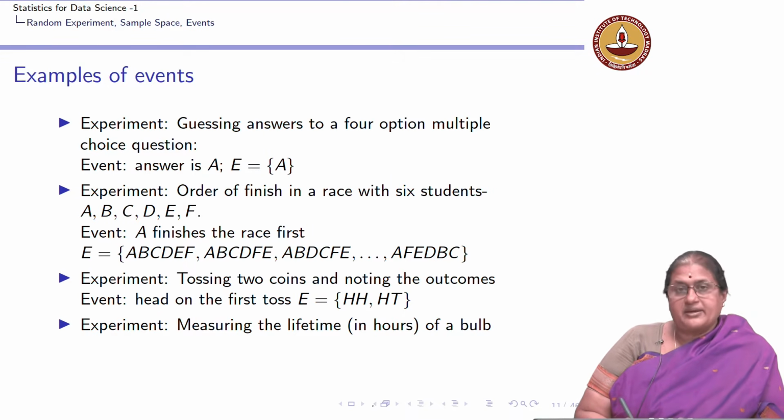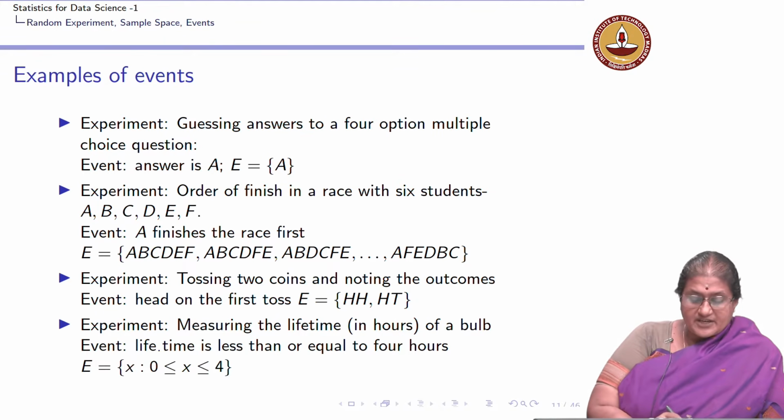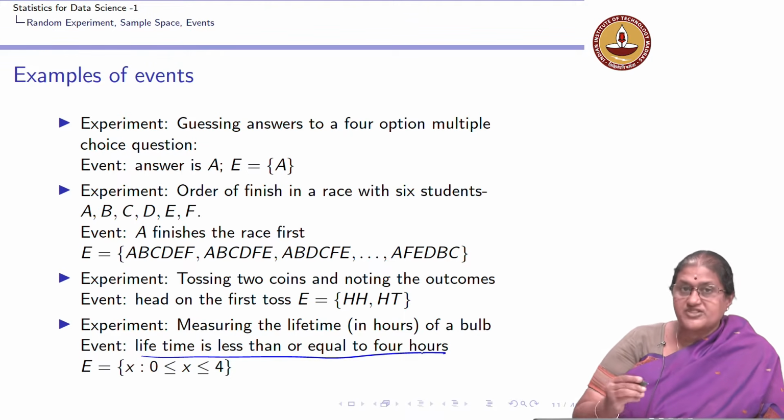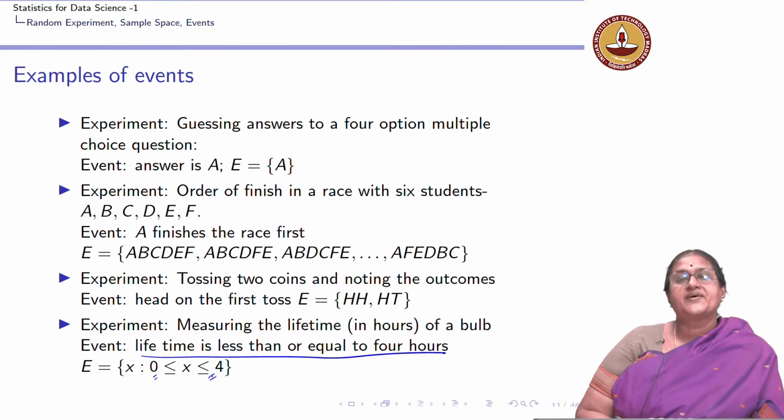Measuring the lifetime, I can define an event that my bulb fails within 4 hours, in which case my event is that the lifetime is less than or equal to 4 hours. My event can be represented by 0 is less than or equal to x is less than or equal to 4.